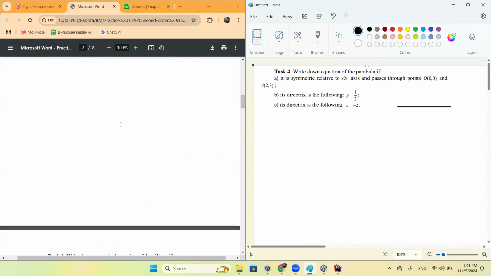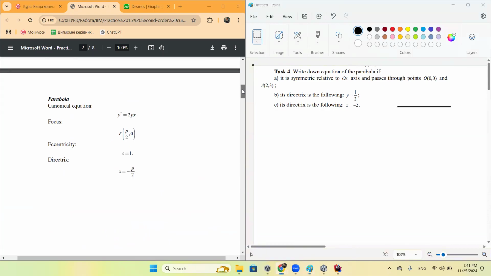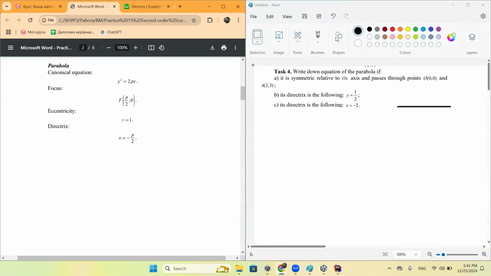Let me open formulas for you. Part A is the following. It is symmetric relative to OX. So it means that the parabola looks like this. And it passes through the origin of coordinates.